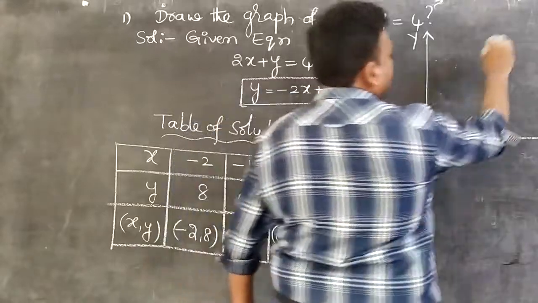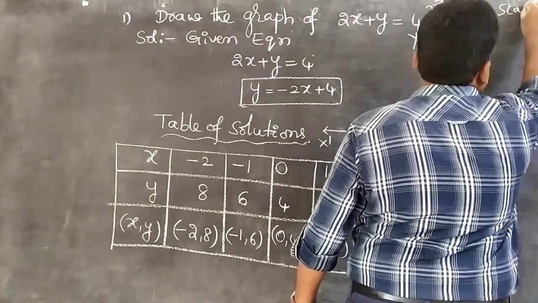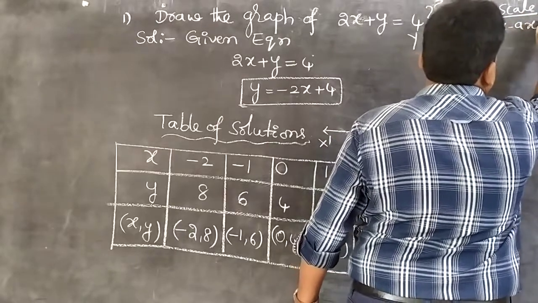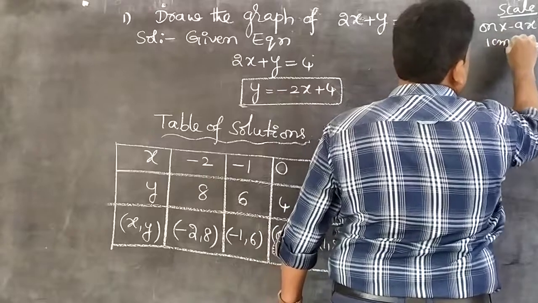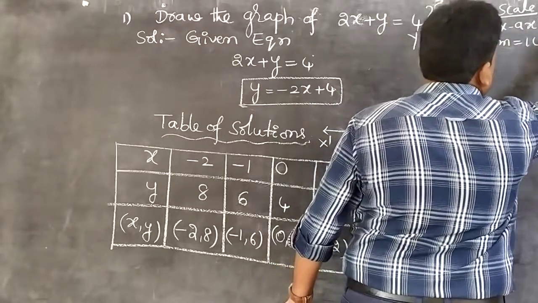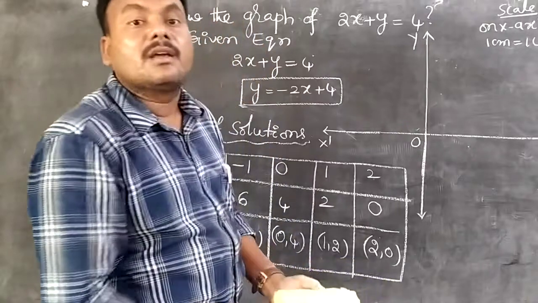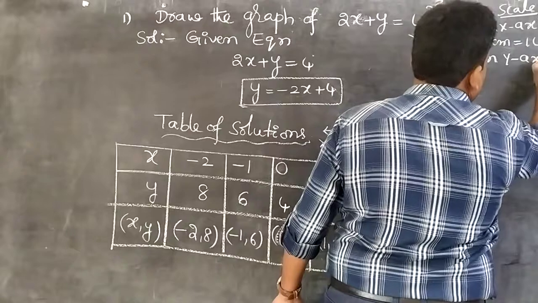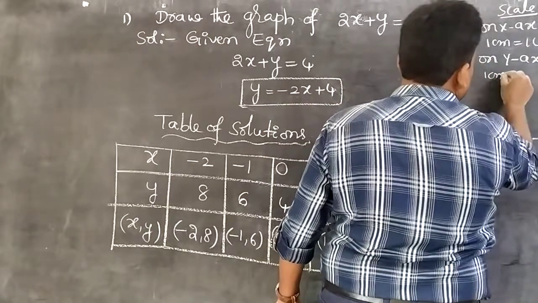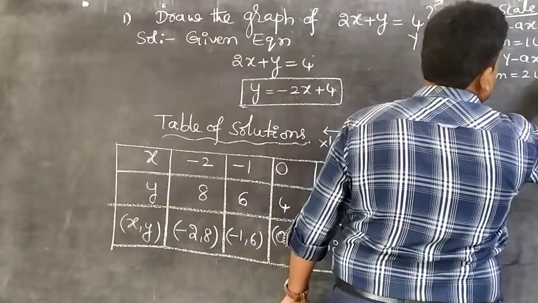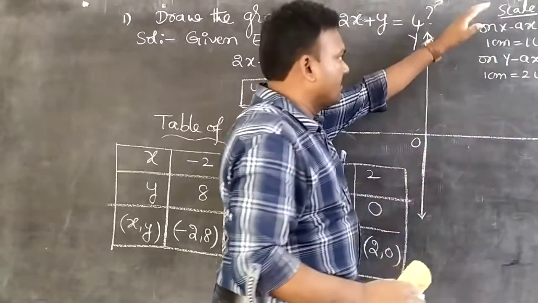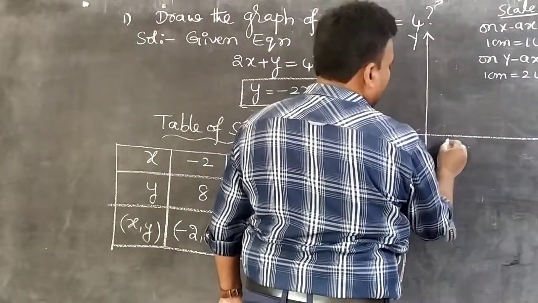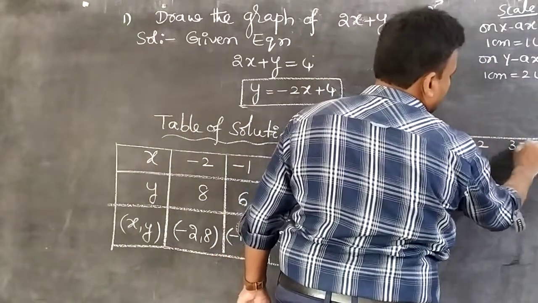Scale on the X axis: 1 centimeter equals 1 unit. Next, on the Y axis, 1 centimeter equals 2 units. Here it is not comfortable on this board. Observe carefully. On the right side, 1 centimeter equals 1 unit: 1, 2, 3 and also 4.